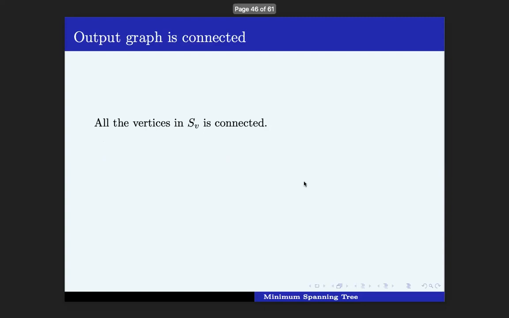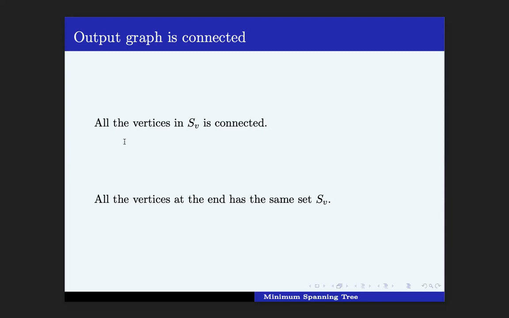Now, why is the graph connected? Again, I think this is something which I just discussed. Look at this. Take any connected component, basically this SV, which is the representative of the connected component that contains V. So that is connected, right?